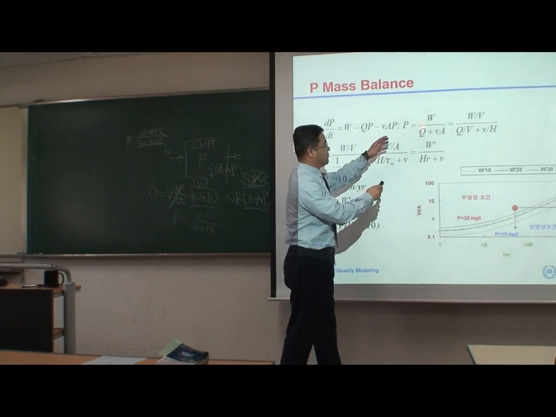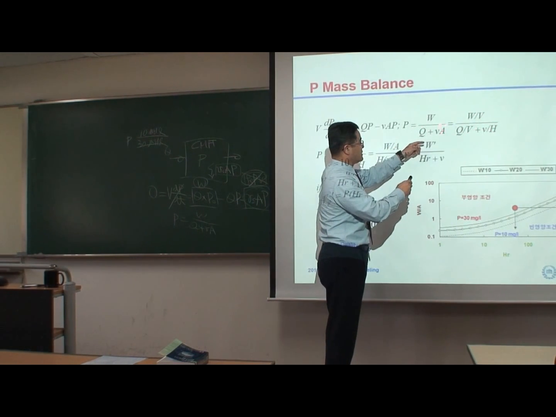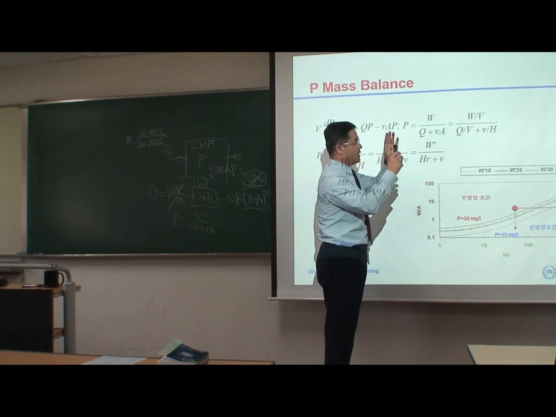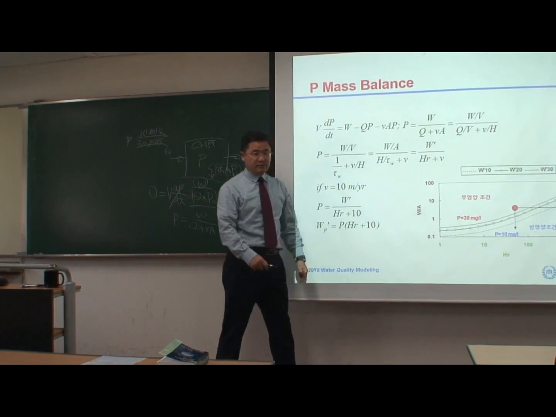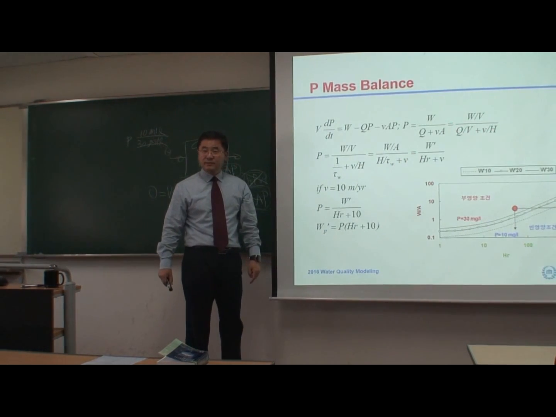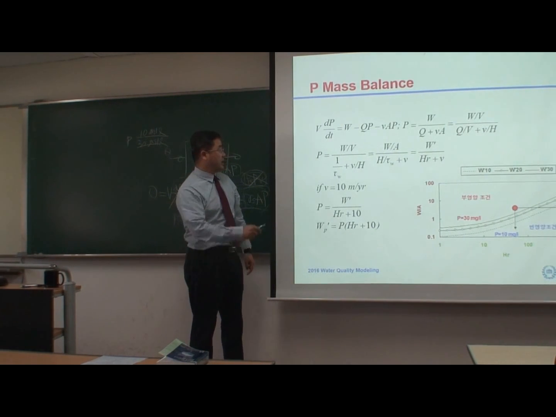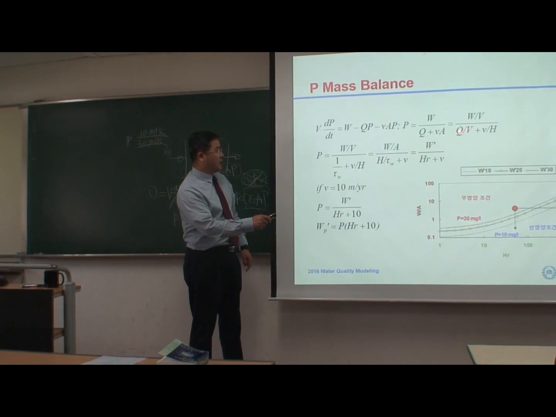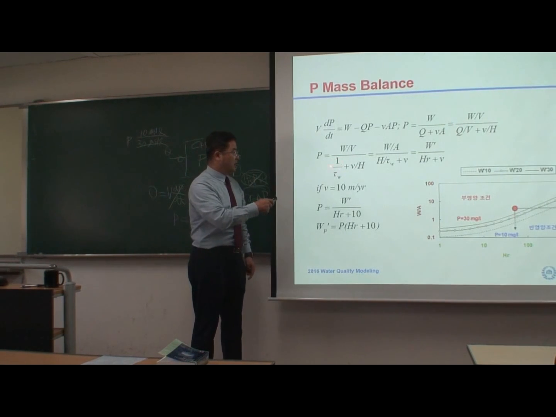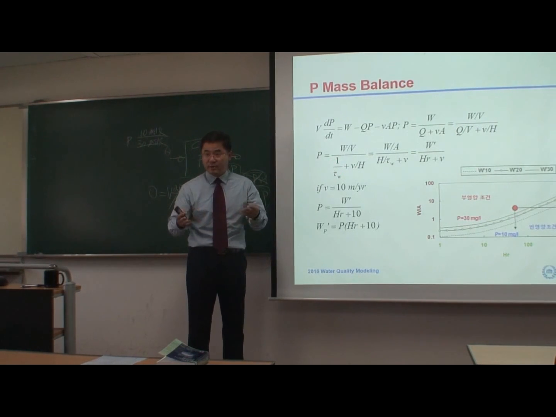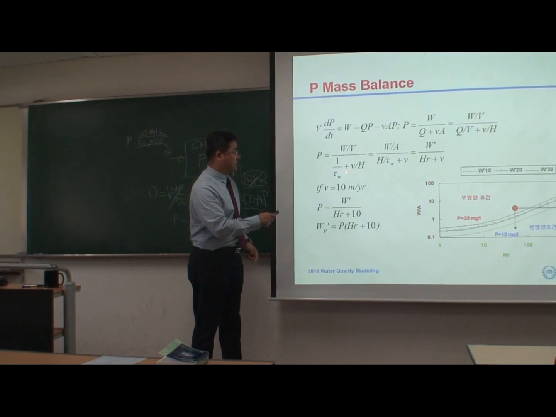We'll just divide everything by A, because I know H times A is V, we can have this kind of equation, right? Okay? And then we know Q divided by V is the inverse of hydraulic detention time. We talked about that. Hydraulic detention time. So this is the inverse of it.